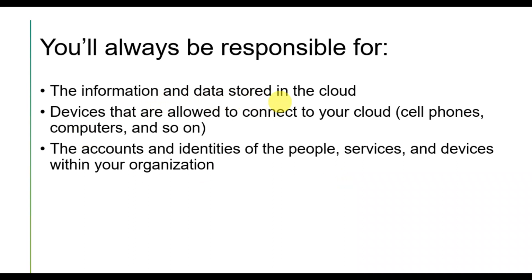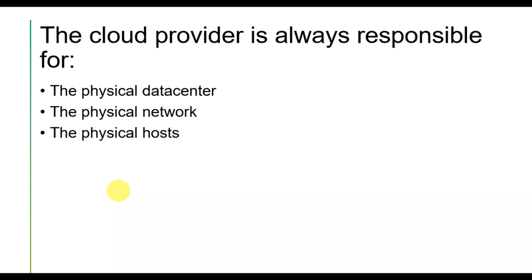You will always be responsible for the information and data stored in the cloud, devices that are allowed to connect to your cloud, for example, cell phones, computers, and so on, and the accounts and identities of the people, services, and devices within your organization.